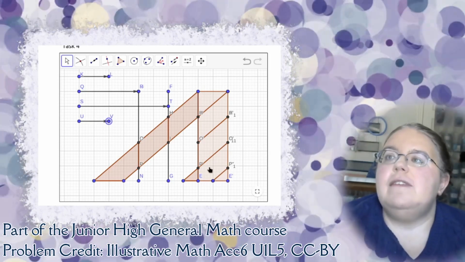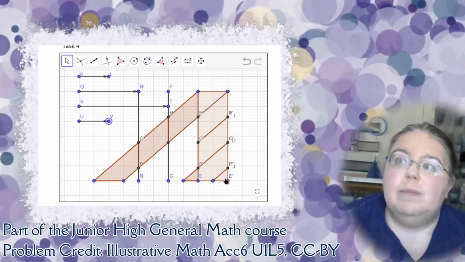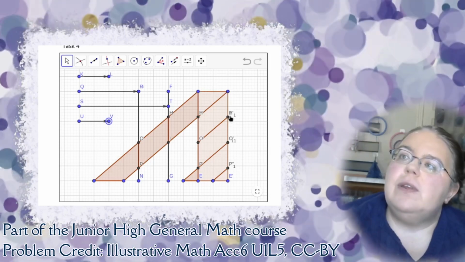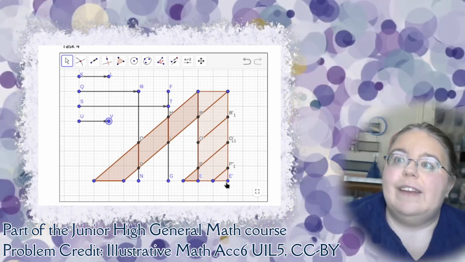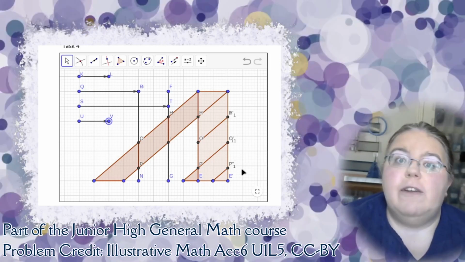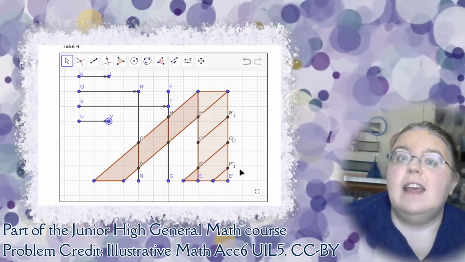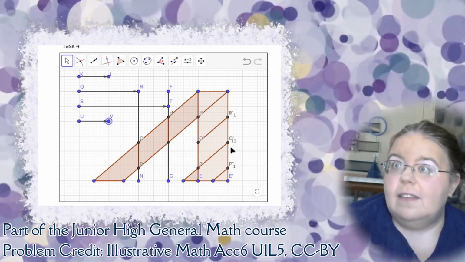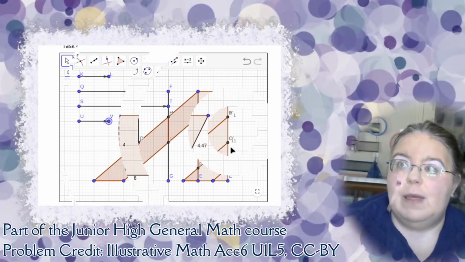So these pieces of the original parallelogram can be decomposed and recomposed into a 2-unit by 6-unit rectangle. And that tells me that the area of the rectangle and the parallelogram made out of the same pieces is 12 square units. Now that was tricky.